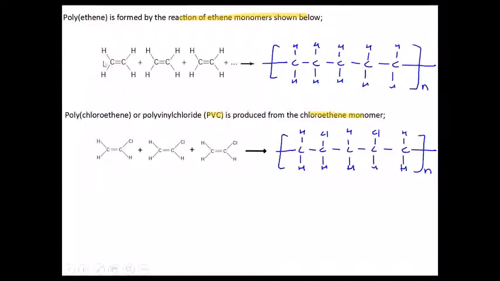In each ethylene monomer, the double bonds break, and that allows it to bond to the next monomer, and it basically just keeps doing that. It gives us a saturated long-chain alkane of carbons and hydrogens.